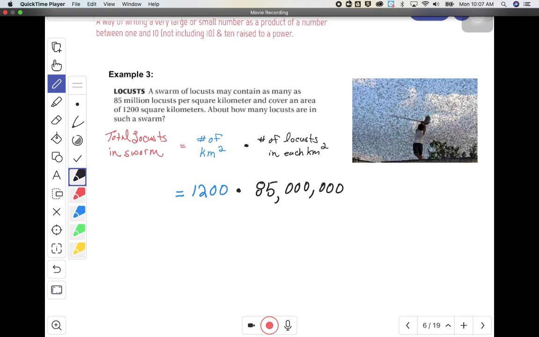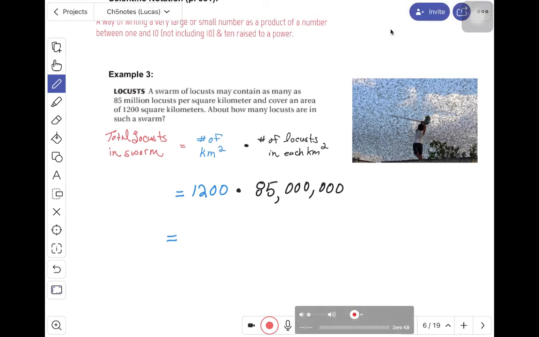And I personally don't really want to work with all these zeros, so what I'm going to go ahead and do is rewrite each of these numbers in scientific notation. Just to review, if we wanted to take 1,200 and write it in scientific notation, your decimal point's normally hanging out here to the right. We need to move that decimal point until we get a number that is between 1 and 10.